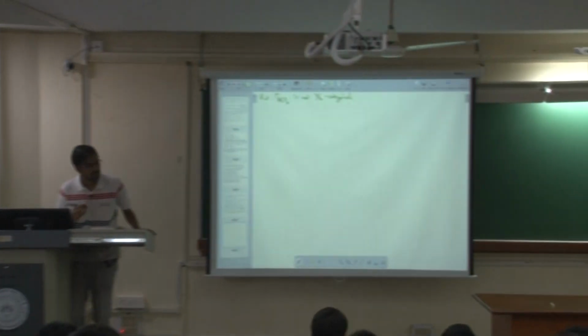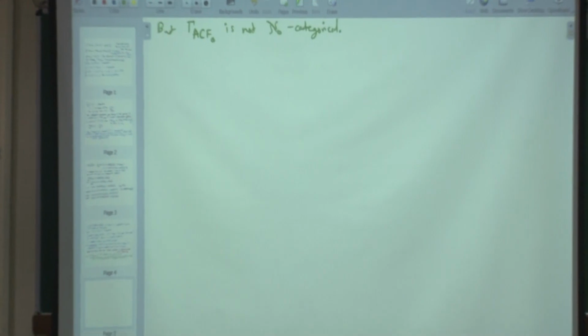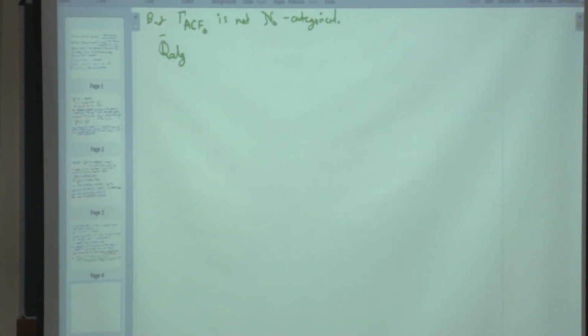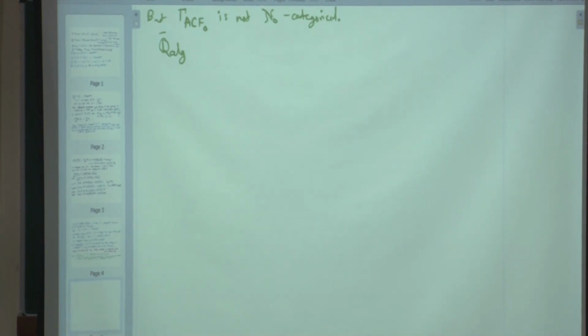I will give you more examples, but at the same time we saw yesterday that ACF 0 is not aleph naught categorical, because yesterday we saw this Q bar alg.